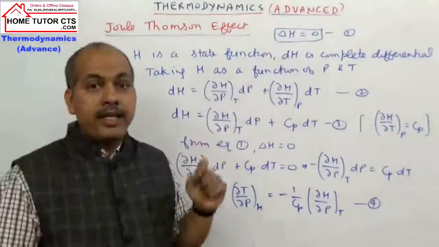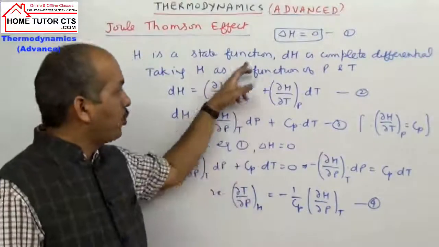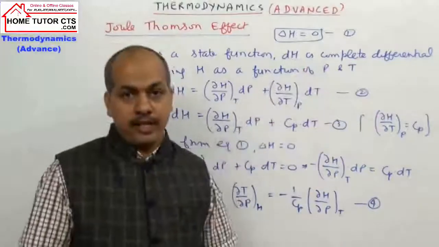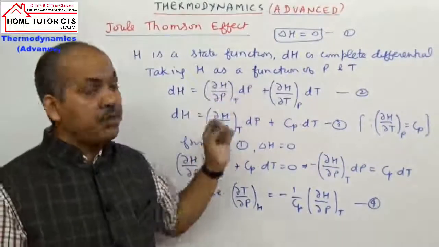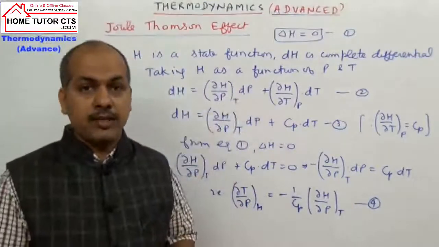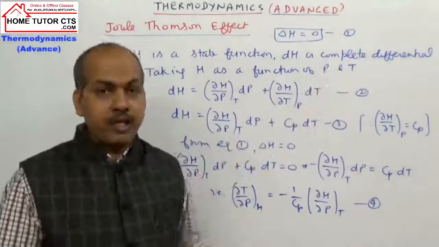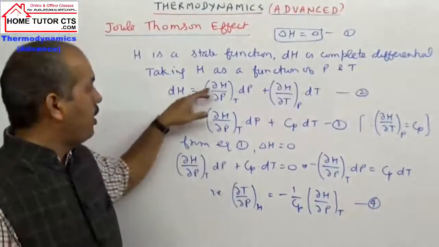Now enthalpy, you know, is a state function, so we can take dH as a complete differential. So now we can take enthalpy as a function of pressure and temperature. By taking enthalpy as a function of pressure and temperature, we can write dH equal to how much?